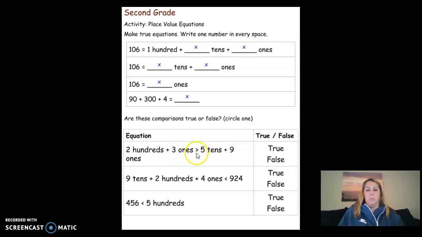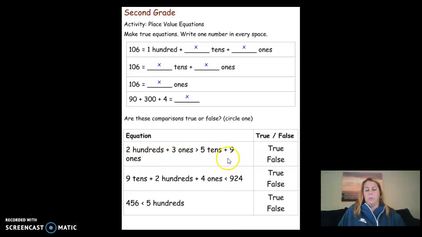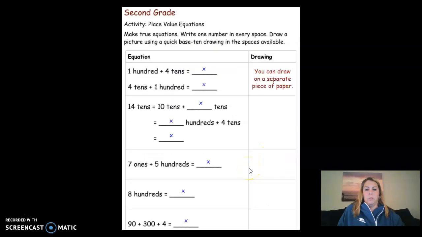So in this one, it's going in this direction, but it may switch and be in this direction. So take your time and pay attention to which way that is pointing before you answer your questions. And make sure that you balance your equation. You look at them on both sides to see which number would be greater. And then you would be able to say which one is true. And then if it's not true, then it would be false.